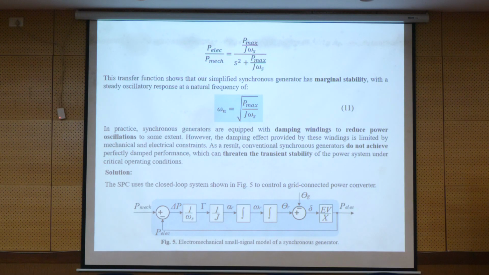So the comparison between the SPC and the virtual synchronous generator is that the SPC can provide the functionality that the synchronous generator can provide, but the benefit of the SPC is that we can provide better damping when transient instability happens.